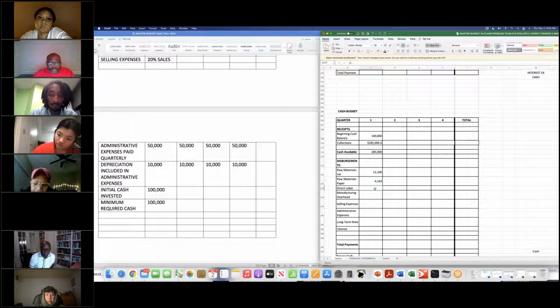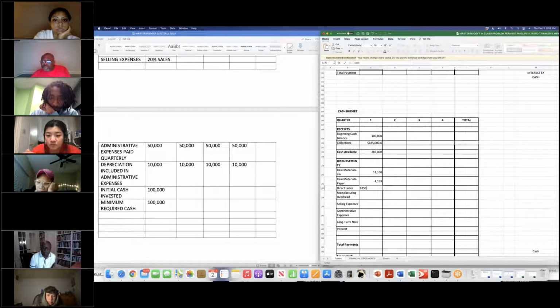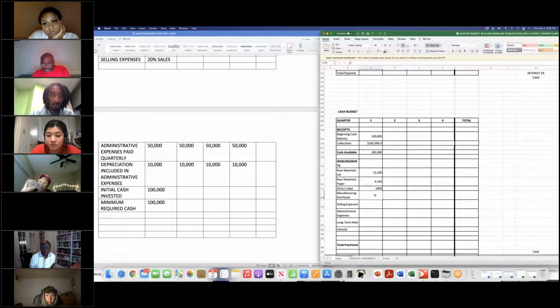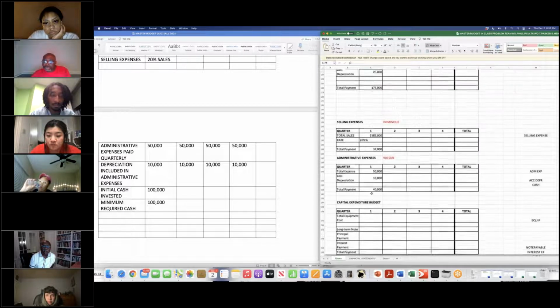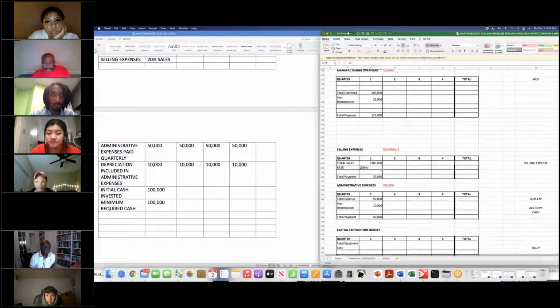How much labor we paid? 1,850. How much overhead did we pay? Go on the last line, 175,000.